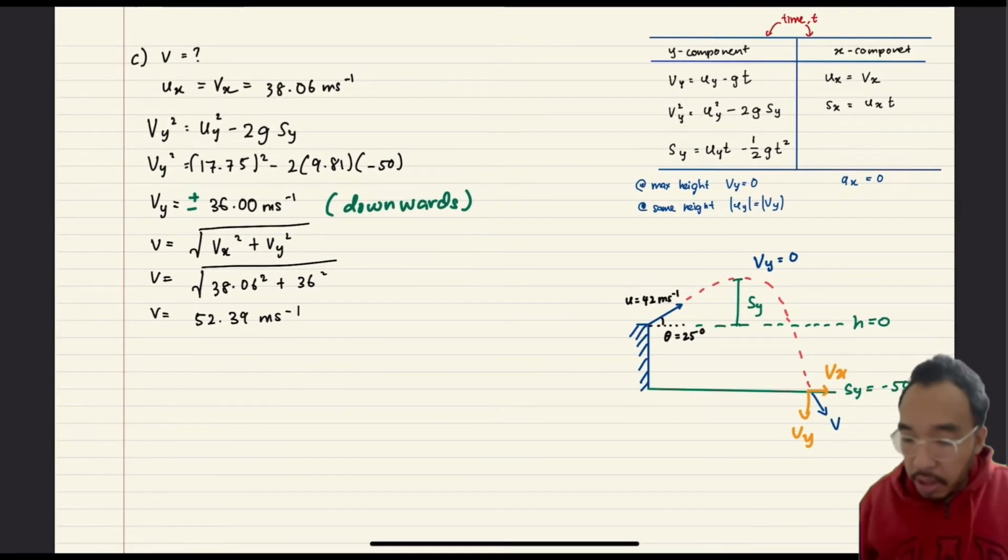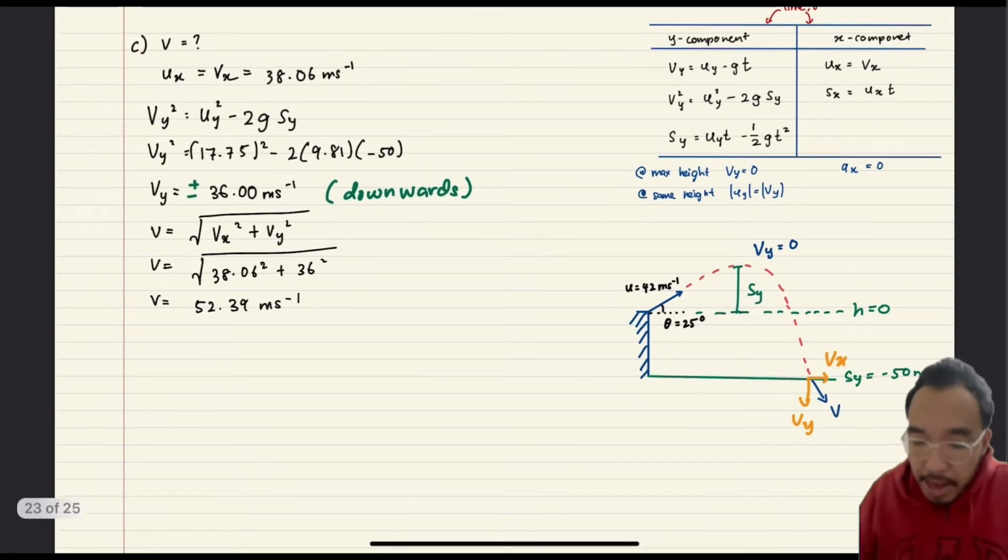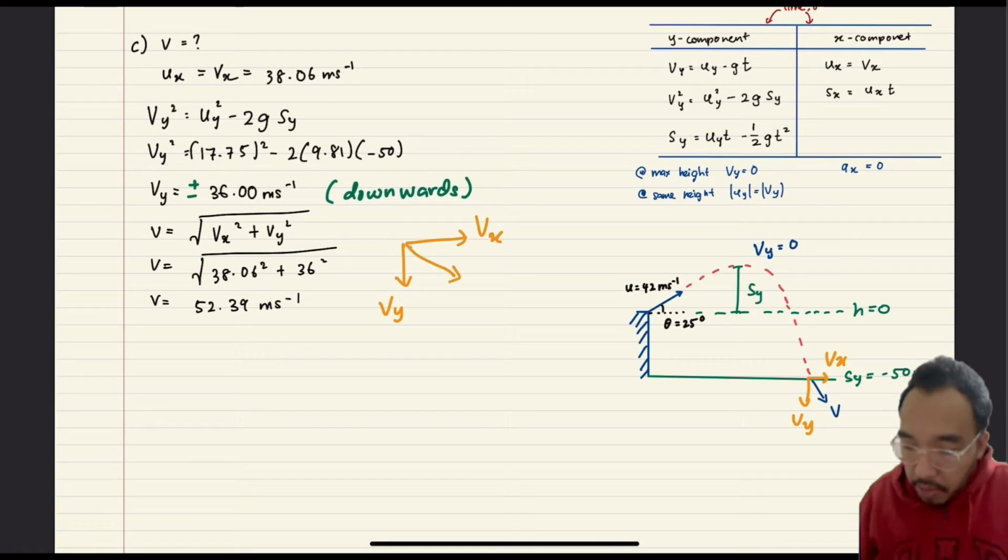Because from our diagram here, it's obvious that your Vy is pointing downwards. So if you get positive and negative, you can choose based on logical thinking. This one will be negative because it is pointing downwards. So I can redraw the vectors over there. This is my Vx, this is my Vy, and this would be my V.